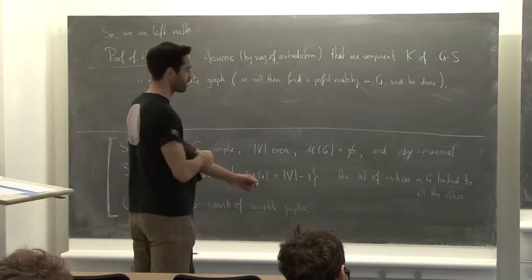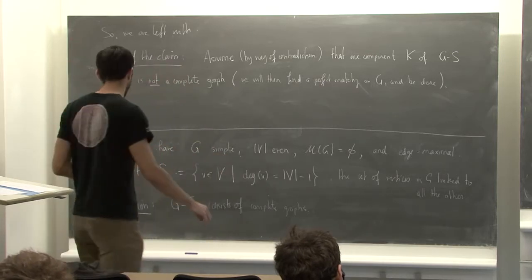Saying that one component is not a complete graph, what does it mean?